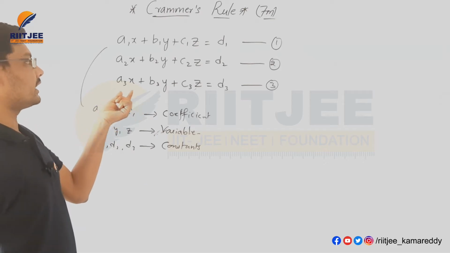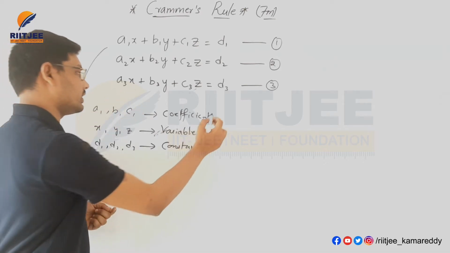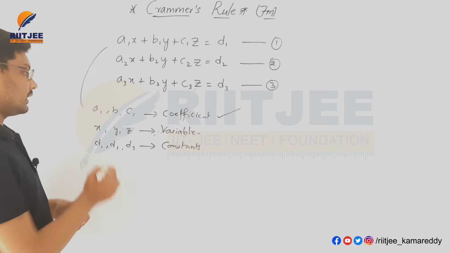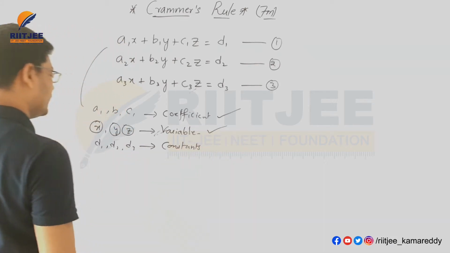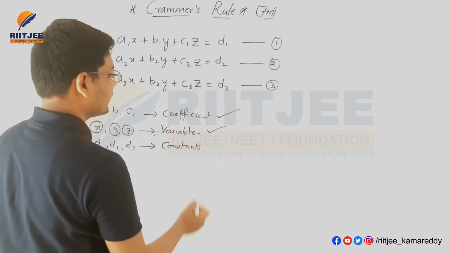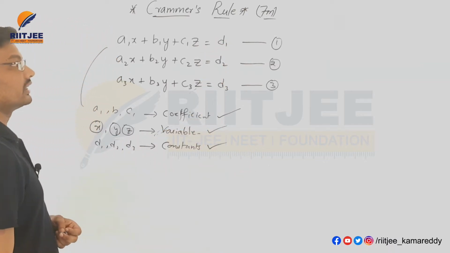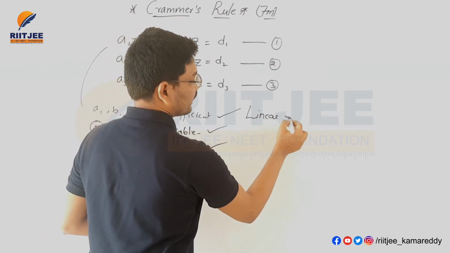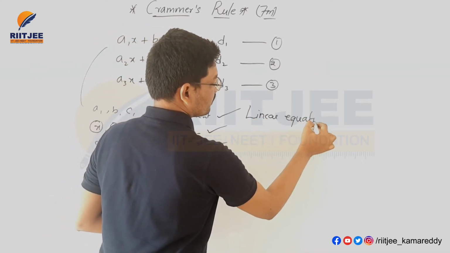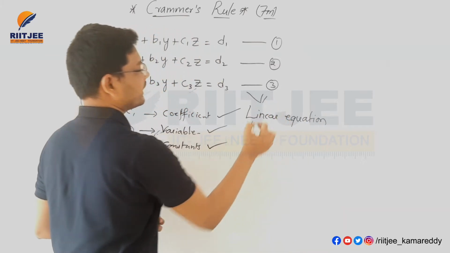If a number is multiplied to a variable, it is called a coefficient, and the alphabets in the equation are called variables, and the alone numbers are called constants. These are three linear equations.